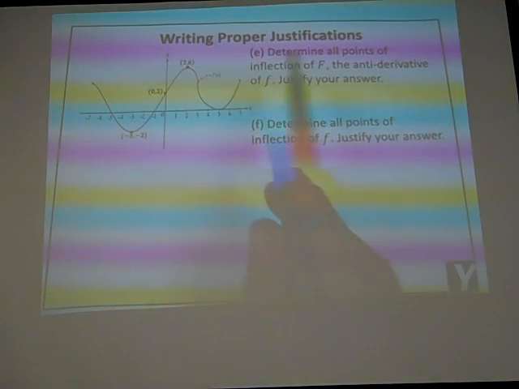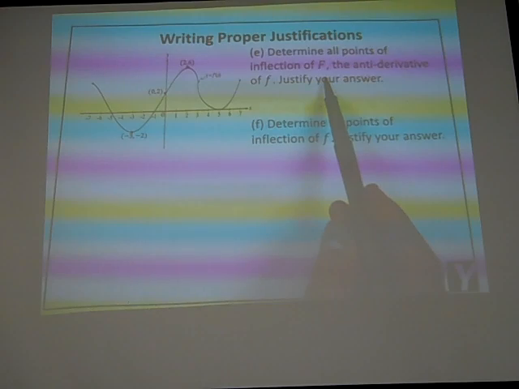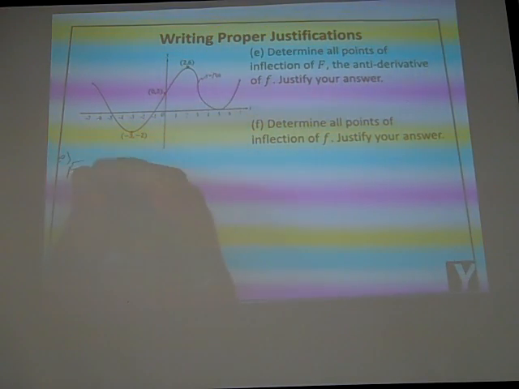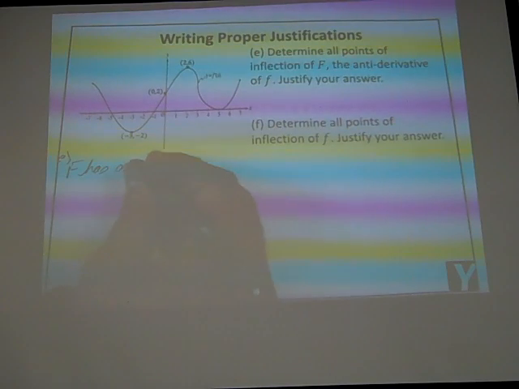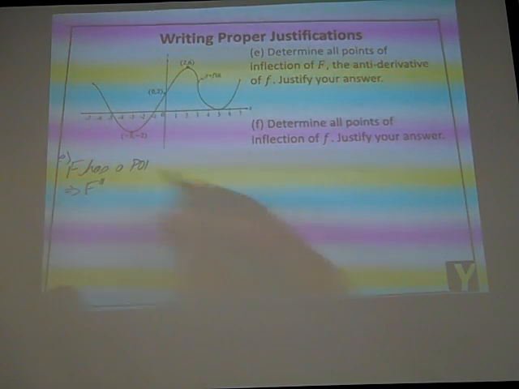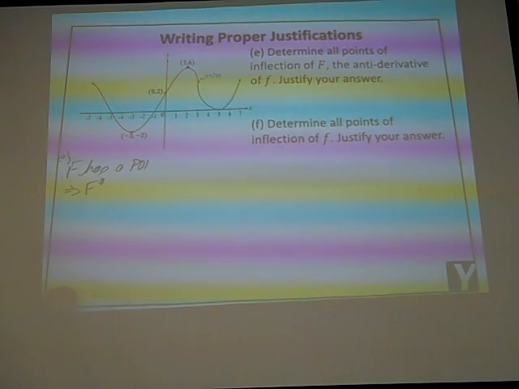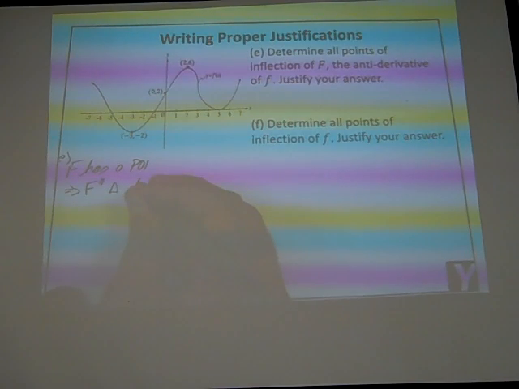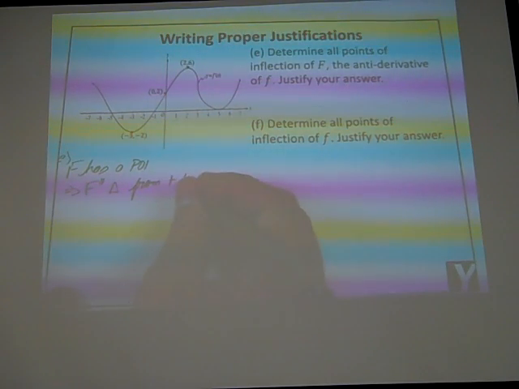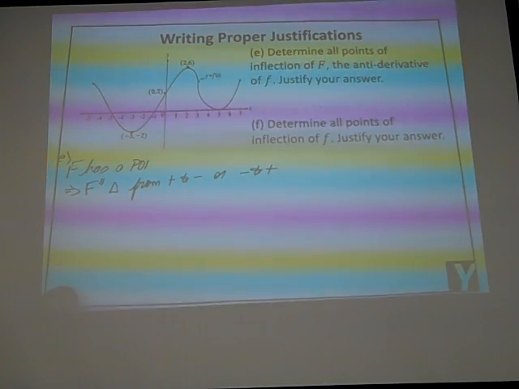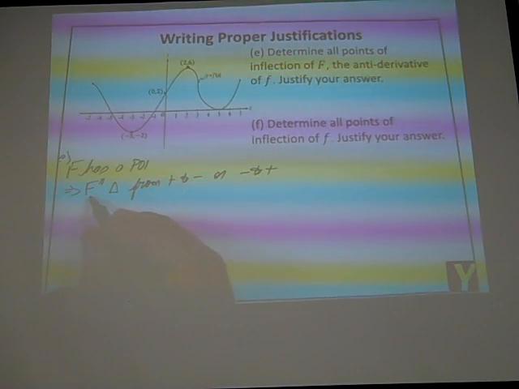All right, we're almost done. E, determine all points of inflection of capital F. Well, if capital F has a point of inflection, then that means that if I take two derivatives on the antiderivative, f double prime changes from positive to negative or negative to positive. But what is f double prime?